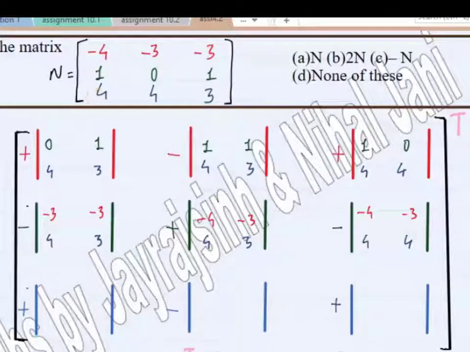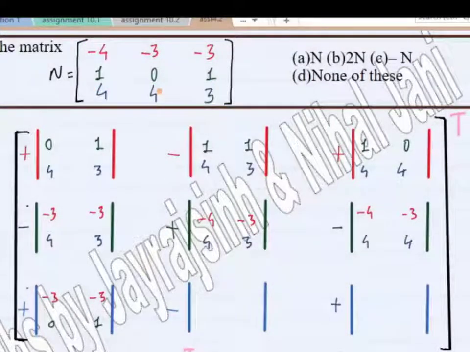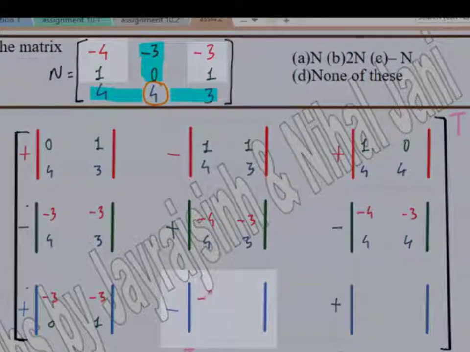Now let's move to the last row, first column. Its cofactor has a positive sign and the determinant -3 0 1 1. The next element's cofactor will have a negative sign and its determinant will be -4 -3 1 1.